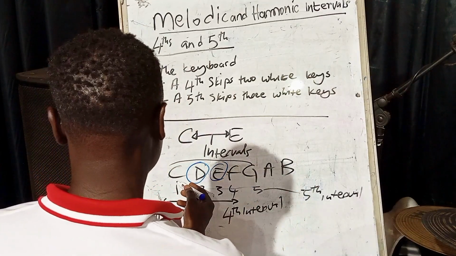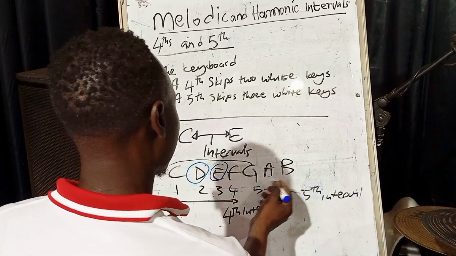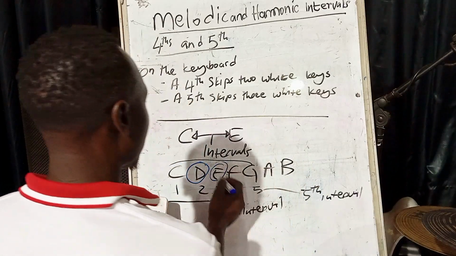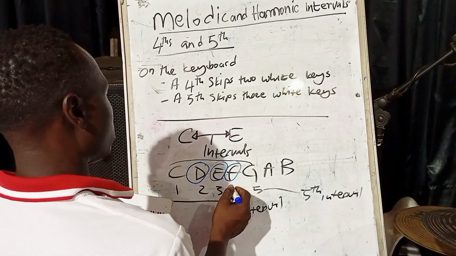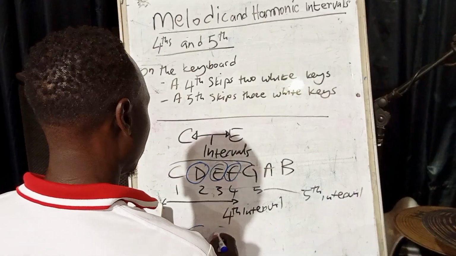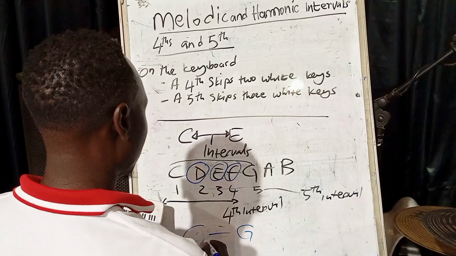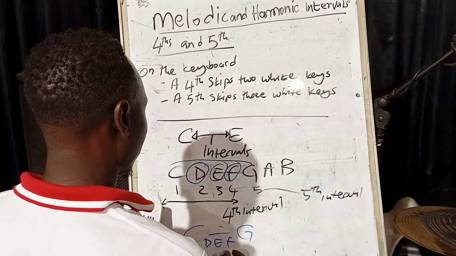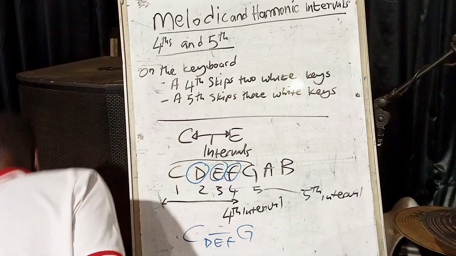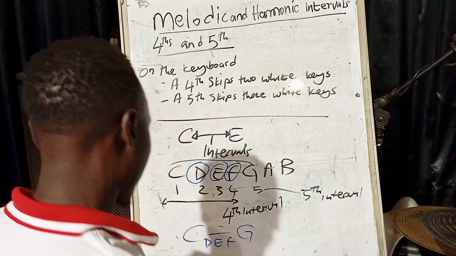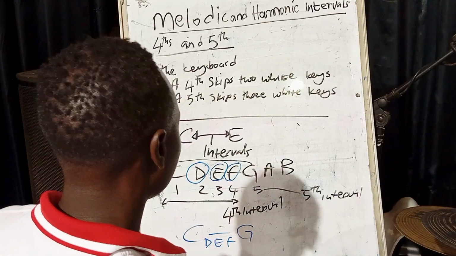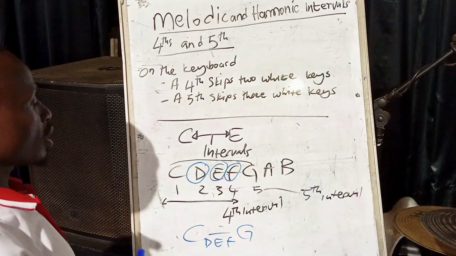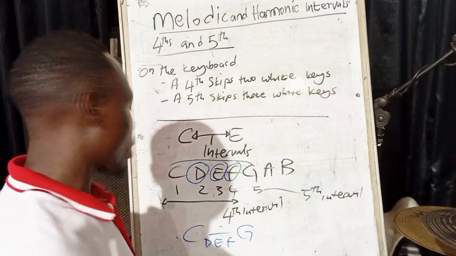So from C to G, we skip D, E, and F. So from C to F is our fourth interval, and from C to G is our fifth interval.